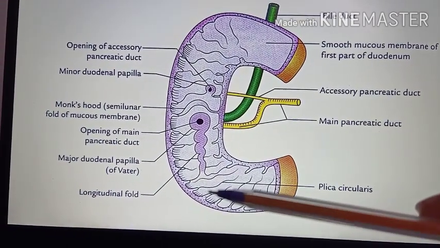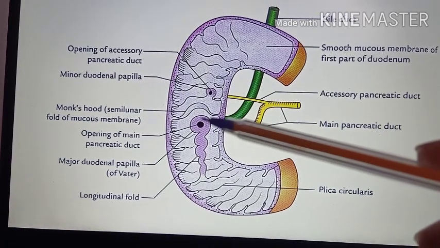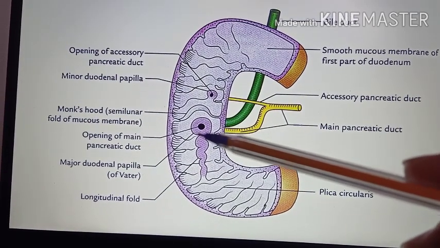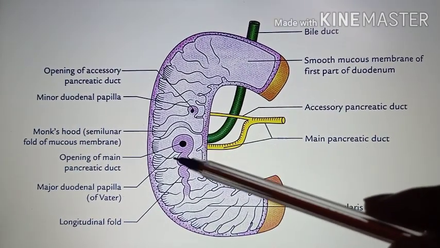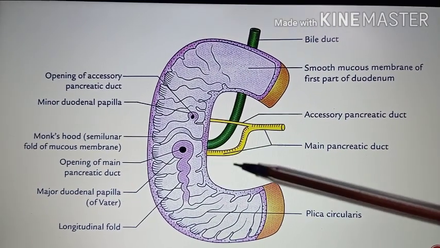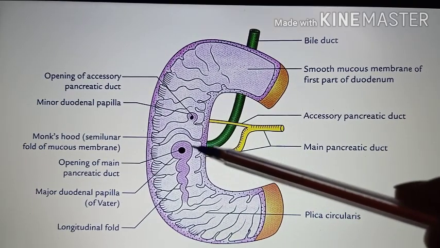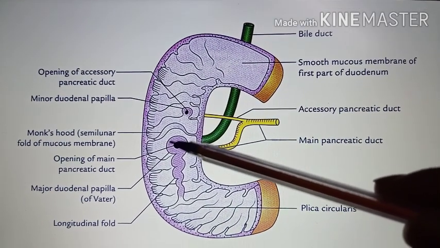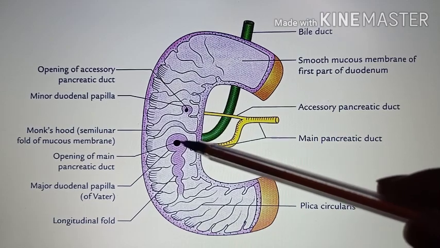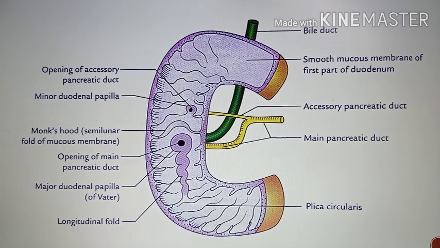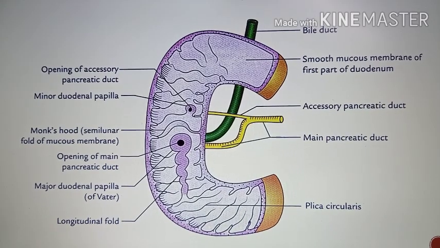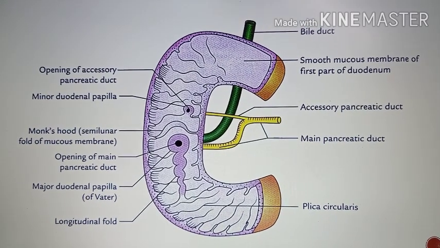Here this is called the major duodenal papilla. It is a conical elevation present on the posteromedial wall. It is situated 8 to 10 centimeters distal to the pylorus.